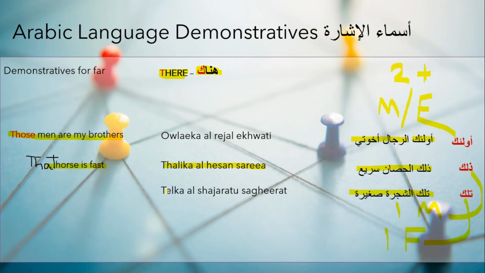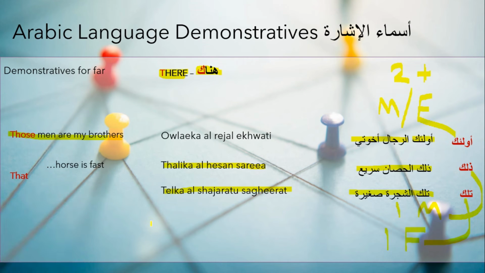تلك الشجرة صغيرة. As you can see here, in English we use "that" for all. Once we say "that", it works for ذلك or تلك. If we are talking about something that is far away from us, that tree, that horse, that boy, it doesn't make any difference.